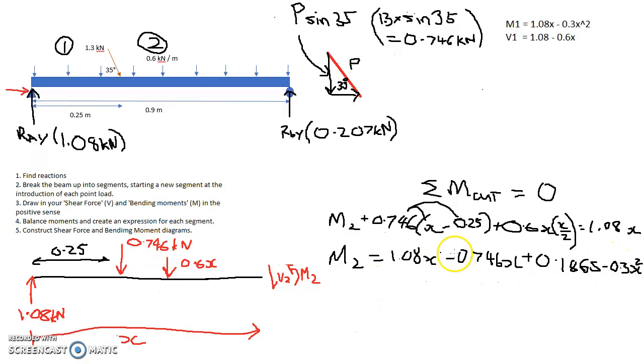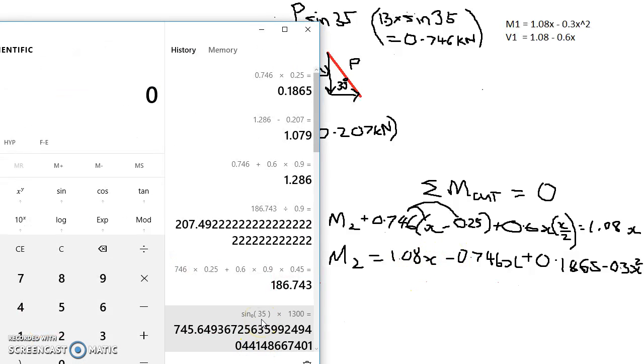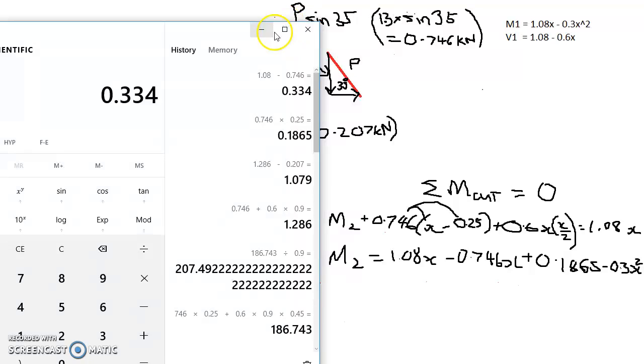Now we can collect these like terms here, add them up. 1.08 take 0.746, we have 0.334x there.